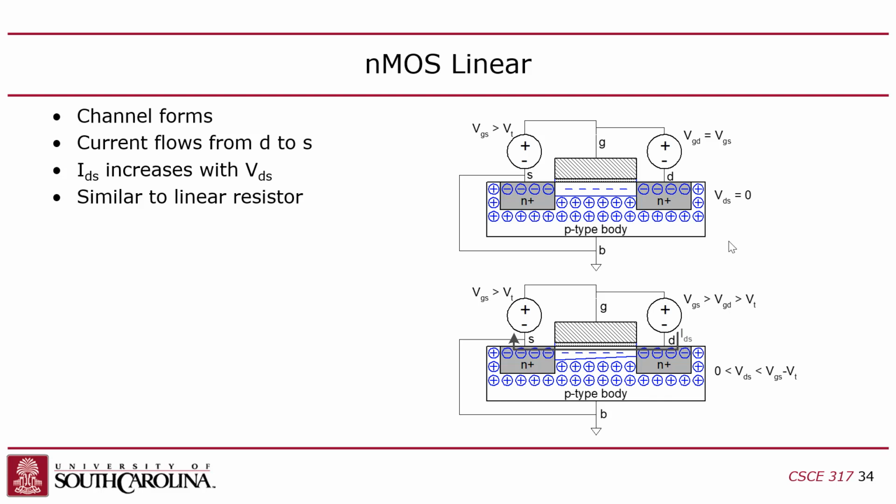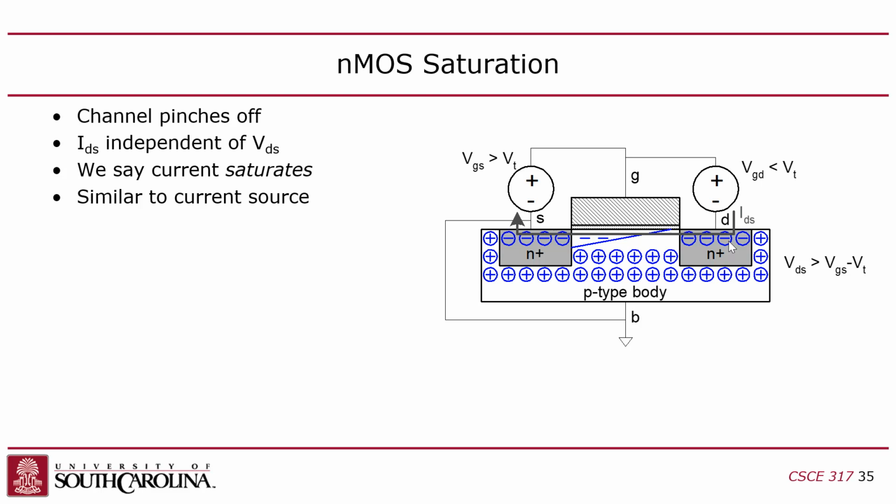However, the problem is that as I keep increasing the voltage over that transistor, the drain source voltage, as I keep ramping that up, the gate channel voltage starts to get pinched off near one side.